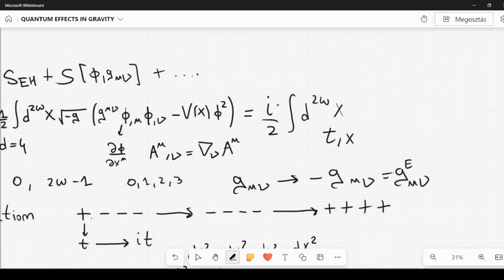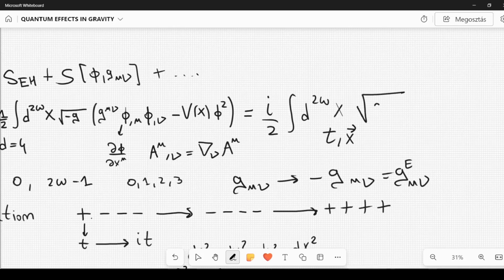So either we put a factor of 1 over 2 and then we put the factor i here, or we factor out i and then our vector becomes like this, t x, just like before.